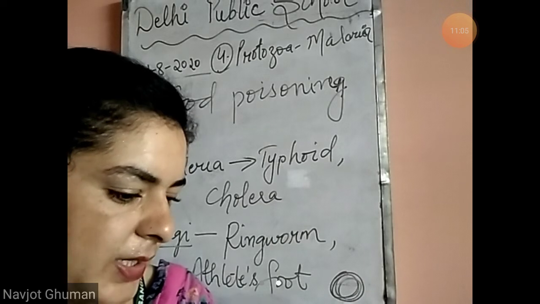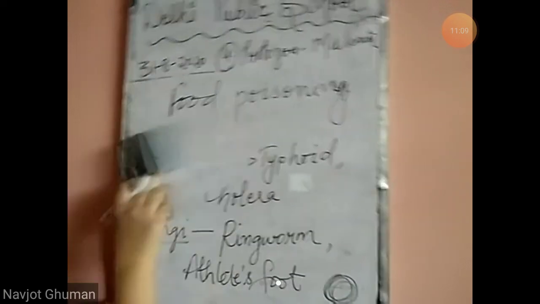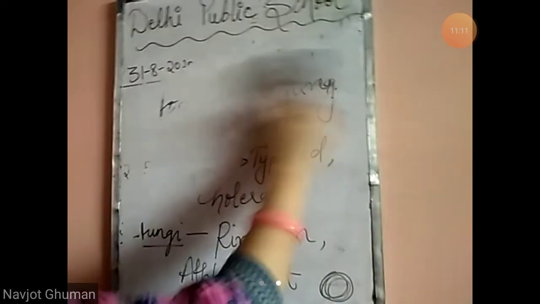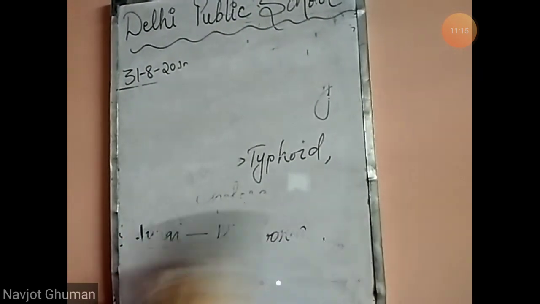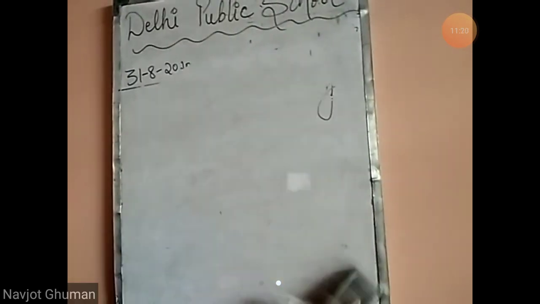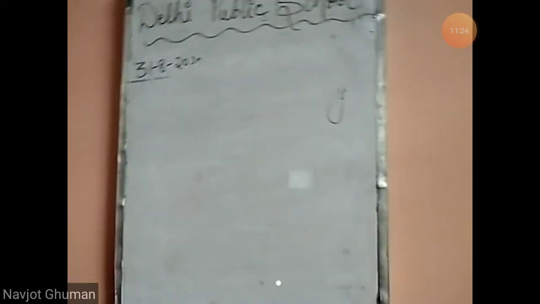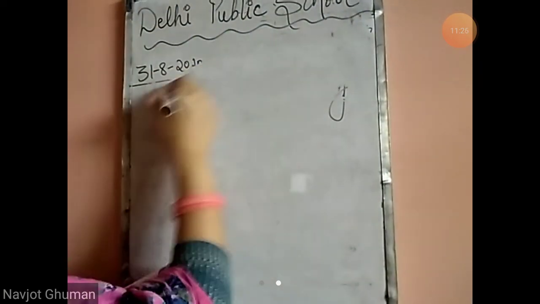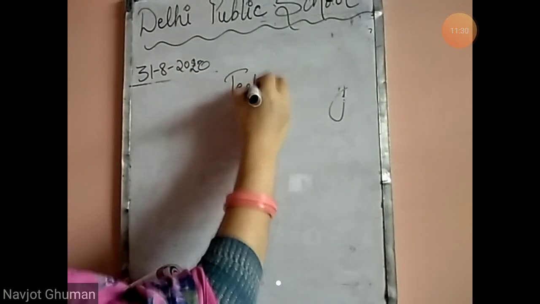Now next, let's recall. They have given a map regarding the types and sets of teeth that we have to write. On the left hand side, we'll write sets of teeth.